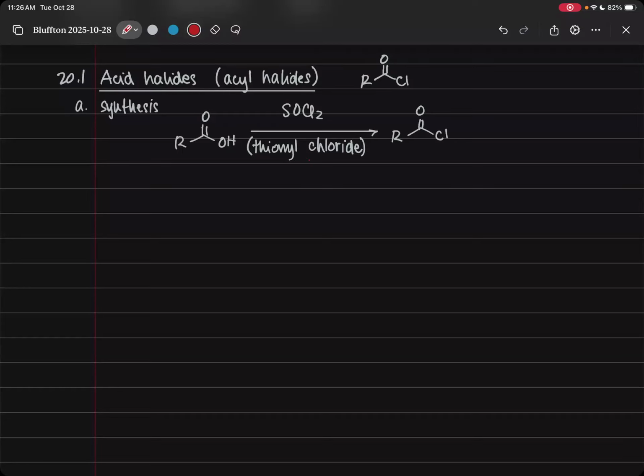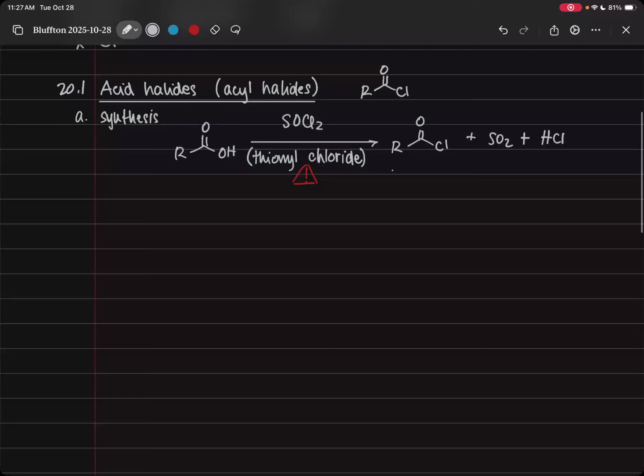So pretty nasty. We're not going to use it. But it gets the job done. As side products from this reaction, we get sulfur dioxide gas and hydrogen chloride. So generally kind of a nasty reaction to have to do, but a lot of times you need that strong reactivity that comes from the acid chloride.